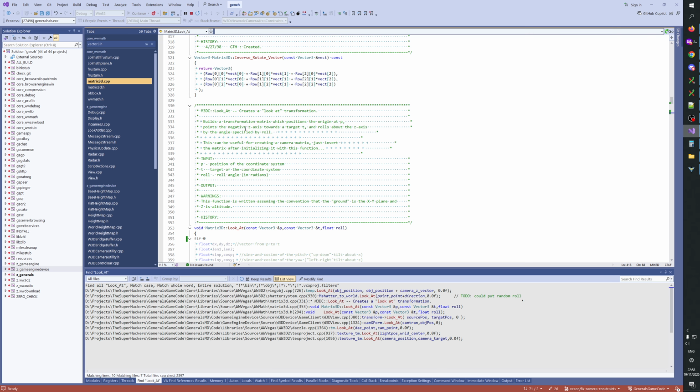Points the negative z-axis towards a target T. Oh. Okay, so it's not a standard look-at matrix.